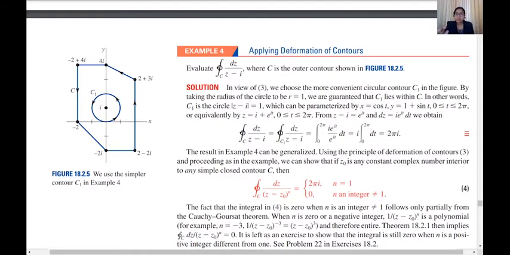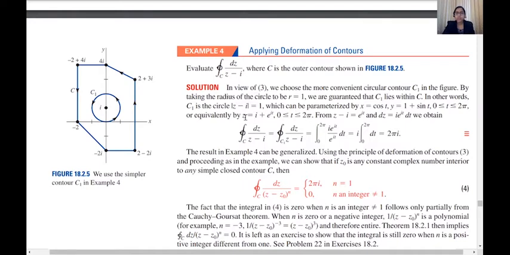Now C1 is a circle, and we know the parametric form of a circle, z equal to some e raised to it. So here C1 is the circle mod z minus i equal to 1. The parameterization can be written as z equals i plus e raised to it, where t varies from 0 to 2 pi.